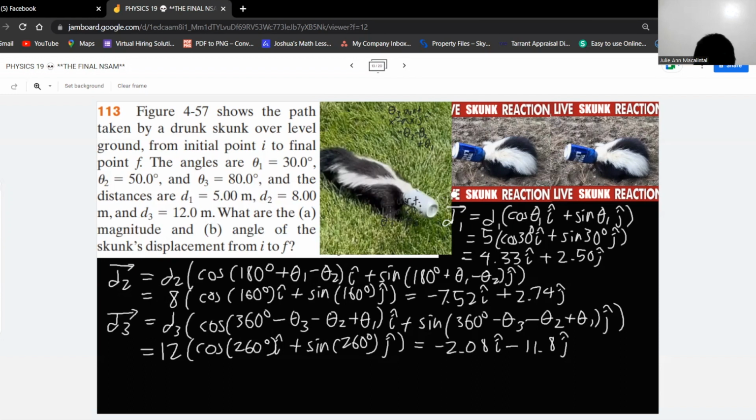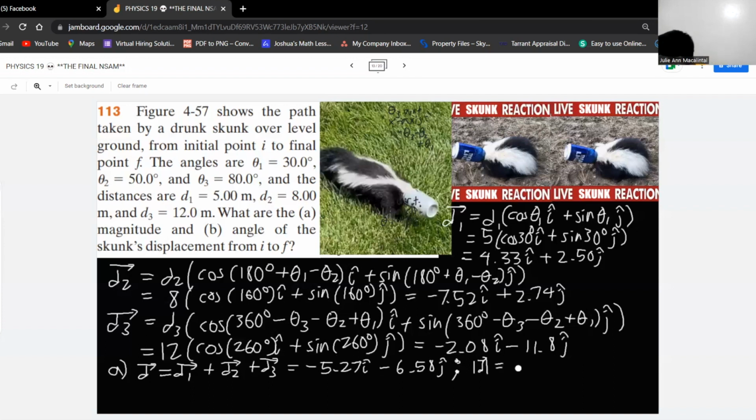What is the total displacement? 5 cosine 30 plus 8 cosine 160 plus 12 cosine 260 gives negative 5.27.